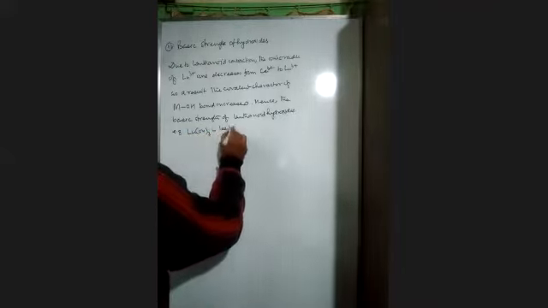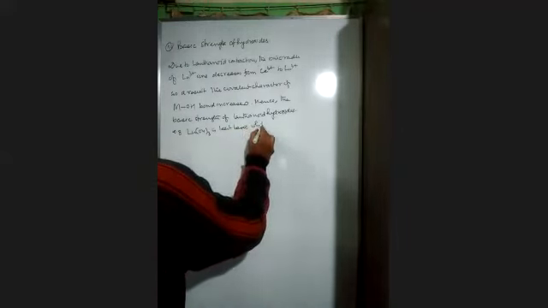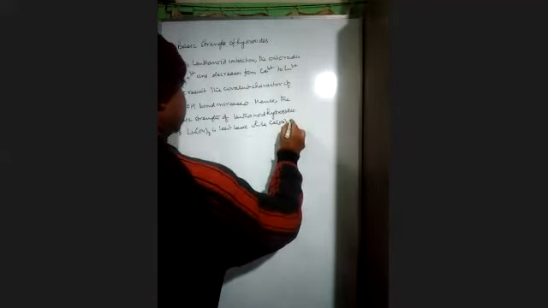Example, lutetium hydroxide is least basic, while cerium hydroxide is most basic.